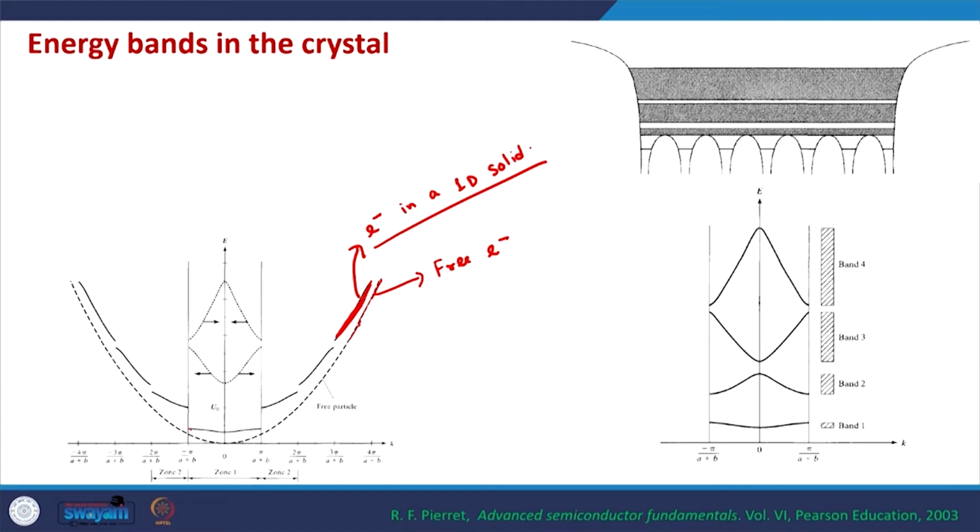The electron does not have too much energy to move away from atomic cores, but it is still moving in the solid. It is not like a free electron, but it is moving inside the solid, and for low energy values, the E-k relationship for a 1D solid and for free electrons are very different, as we can see here.